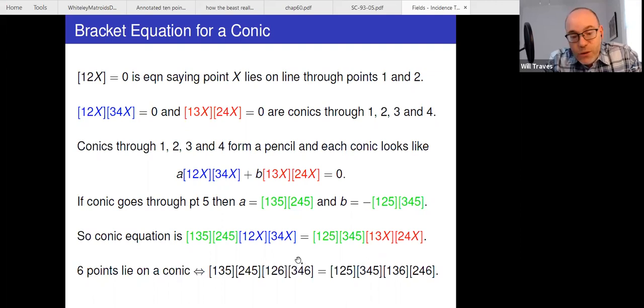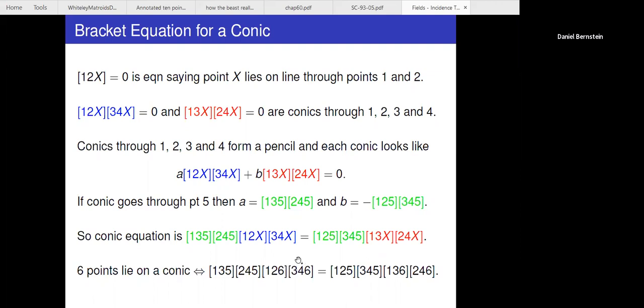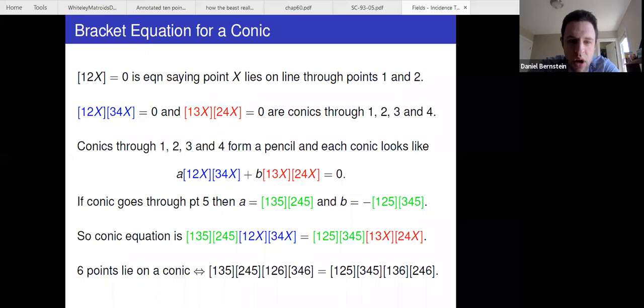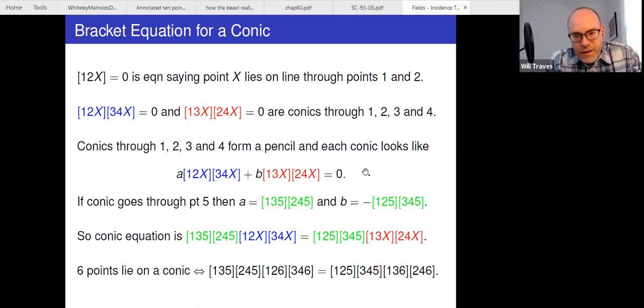Bill, one other question. Could you just go through one more time how you know that the conics through those 4 points are all, and maybe I misunderstood something, defined by that equation that you have? This one here? It's because, and this is maybe not totally obvious, a conic through 4 points defines a pencil.